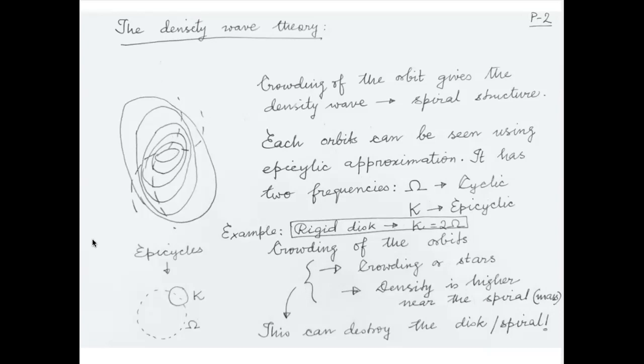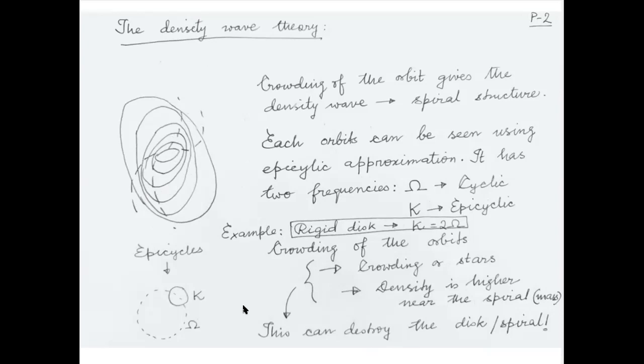Instead of a very smooth, constant density disk, I have more density around these regions. So if a star is here, it will always try to come to here, or if it's near the other spiral arm, it will try to go there. And that essentially means that this type of extra density on the disk may actually destroy the spiral structure.